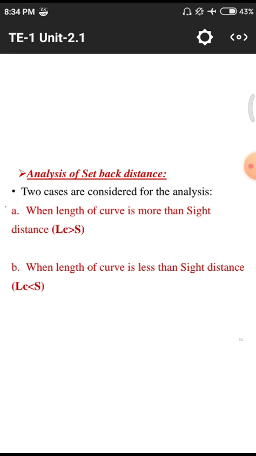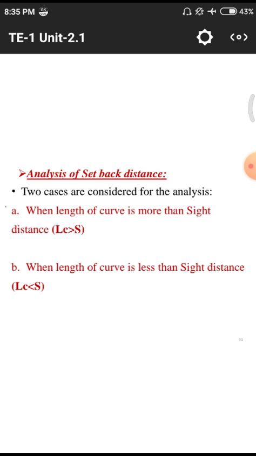Now the analysis of setback distances, the different principles involved in analyzing them, because we have a particular length of the curve. Simply constructing the road with a horizontal curve is not enough. We need to counter the different kinds of problems we face while traveling on those roads.